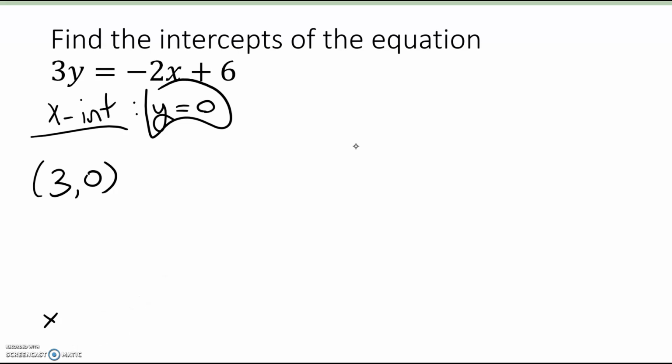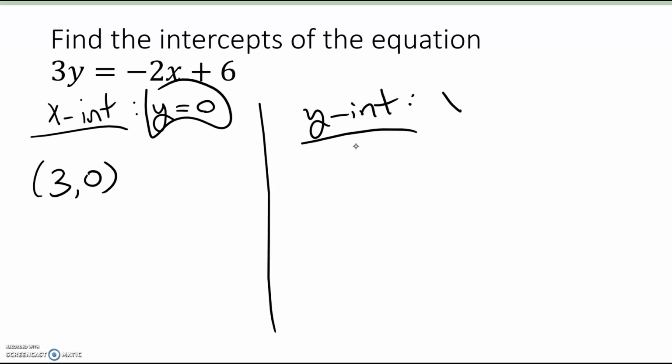To find our y-intercept, x is going to be 0 because the y-intercept crosses the y-axis, and all over the y-axis x is equal to 0. So I'm going to take my equation, find the x and replace it with 0.